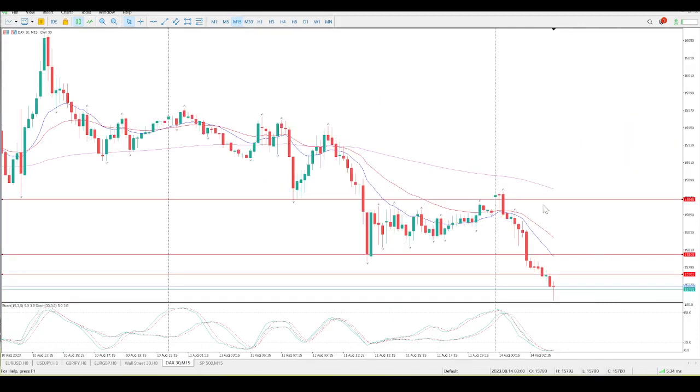Okay, so what we're looking for is a proper retest of 15.868. Looking for a rejection of that. Okay, and then we are looking for a retest of 15.805 and 15.782.